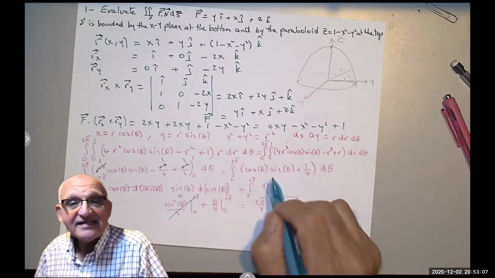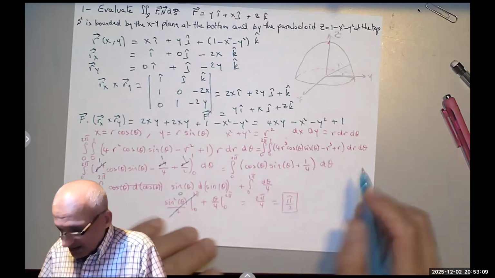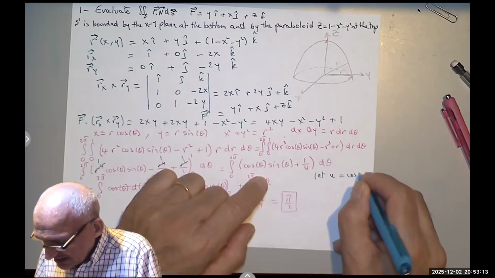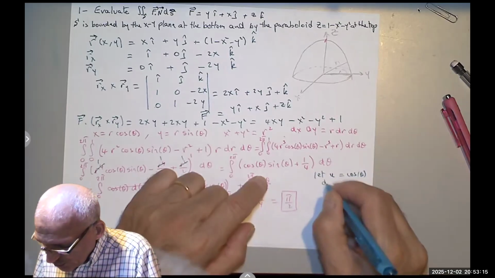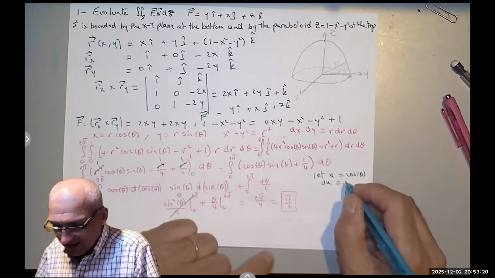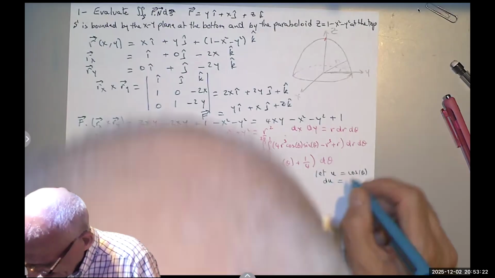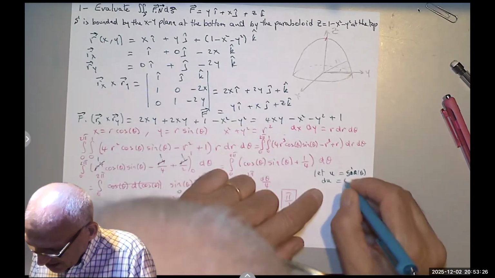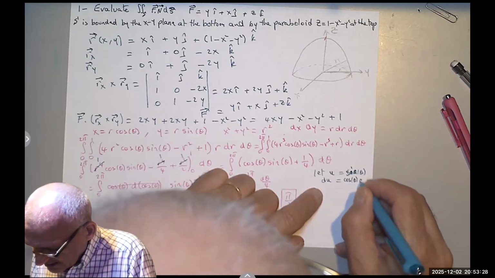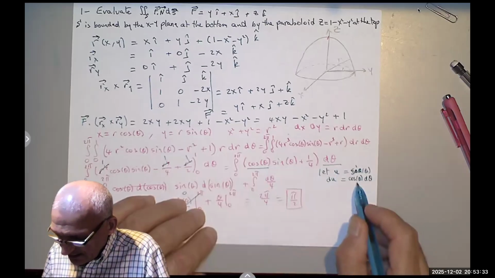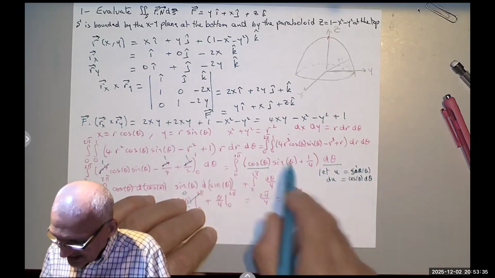What I mean is that I could have said, let u equal sine theta, then du becomes cosine of theta d theta. So now cosine theta d theta becomes du, and sine theta is u.